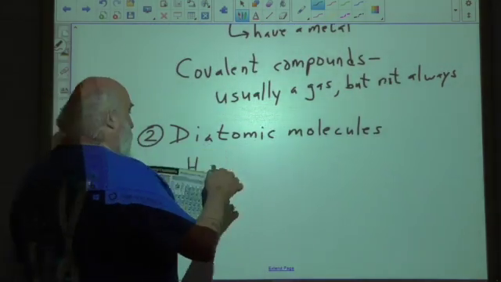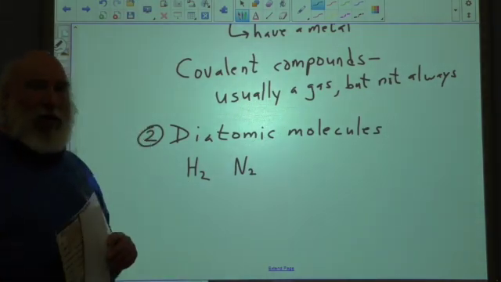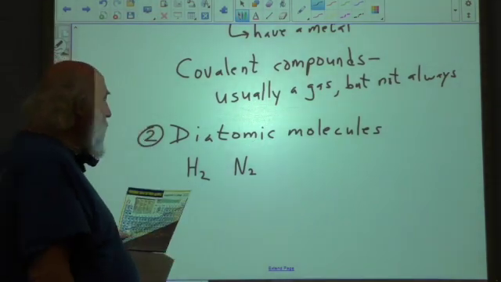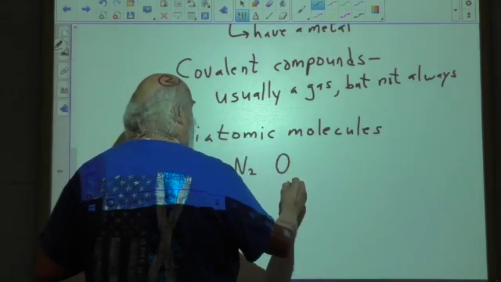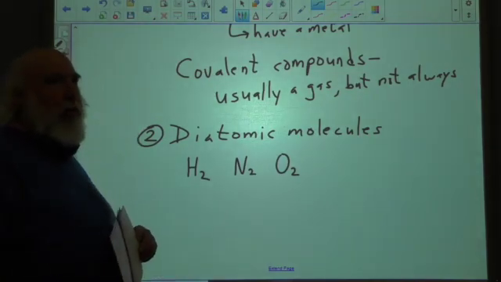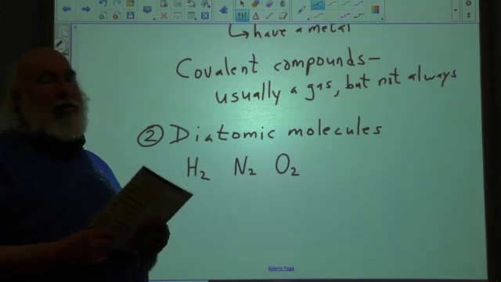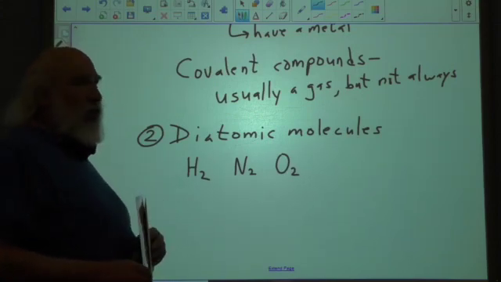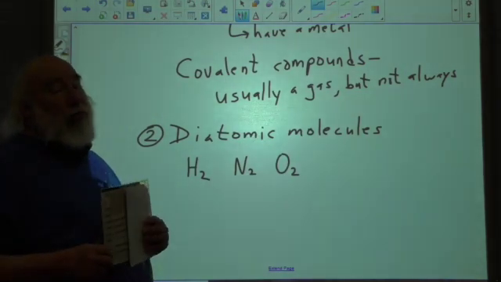Go across here, the next one is nitrogen. Nitrogen by itself is always diatomic. Next one is oxygen. Oxygen is usually diatomic. Not always, but when we deal with these chemical reactions, it will be always diatomic.